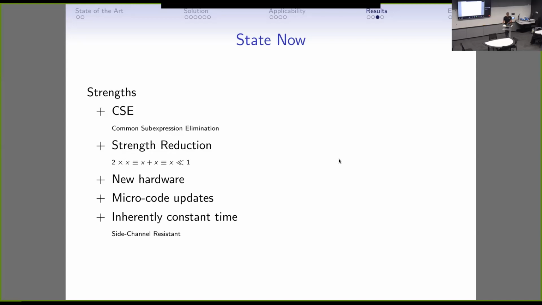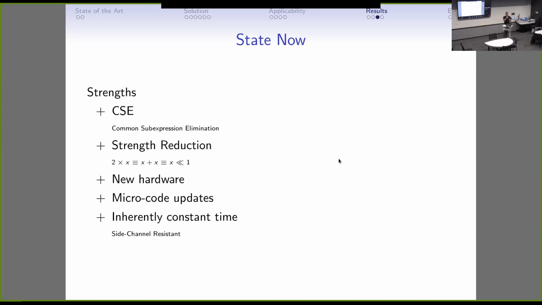Because we're dealing with cryptography, it may be interesting, how are you dealing with side channel problems? And the answer to that is, we are inherently constant time because the code that we get from Fiat is constant time because it does not branch on secrets, neither does it have secret dependent memory accesses, and neither do we emit these instructions.